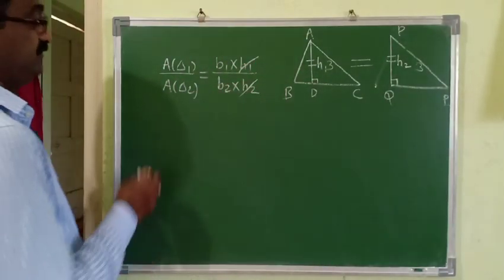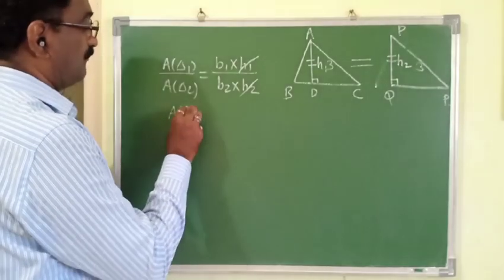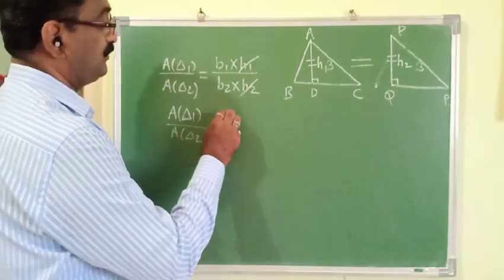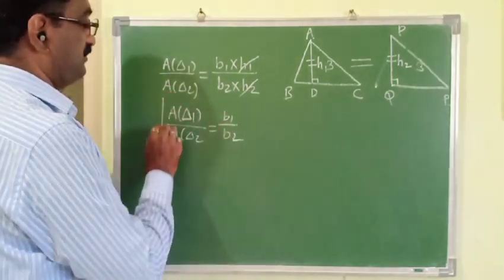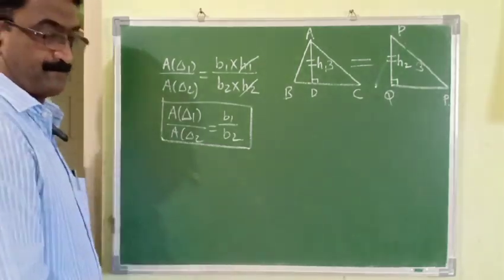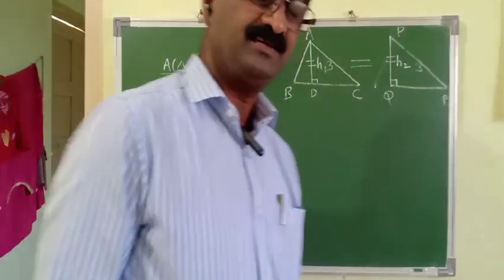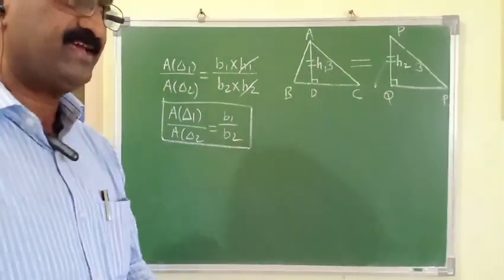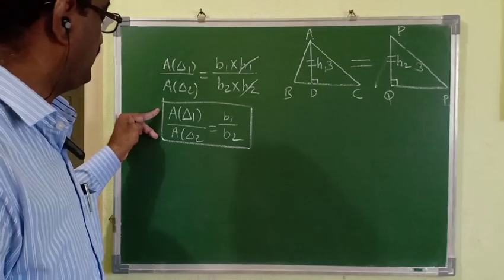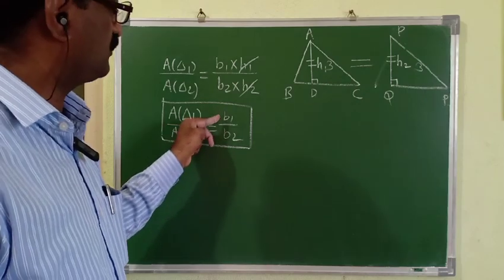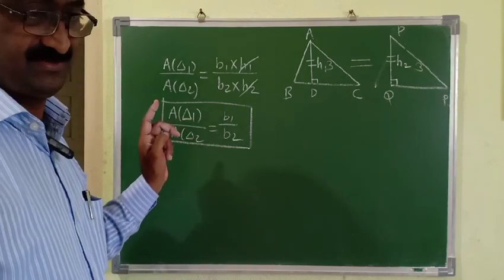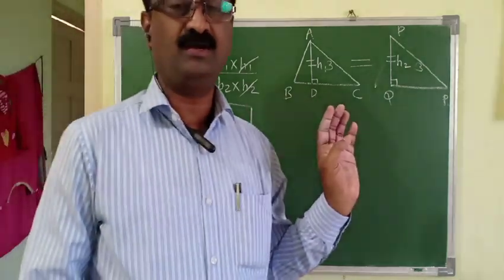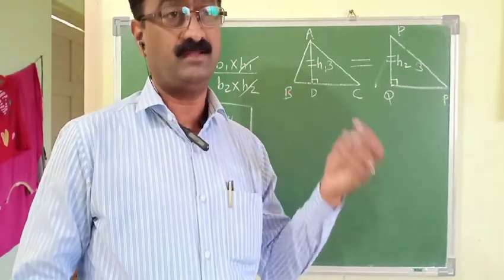And what will be the remaining things? Area of triangle 1 upon area of triangle 2 is equal to B1 upon B2. That means if the heights of the two triangles are equal, then the ratio of their areas are proportional to the corresponding bases.